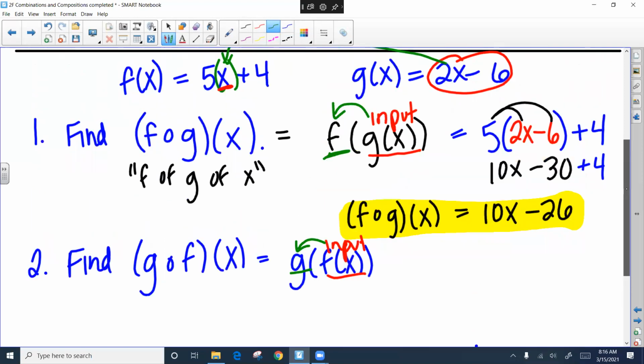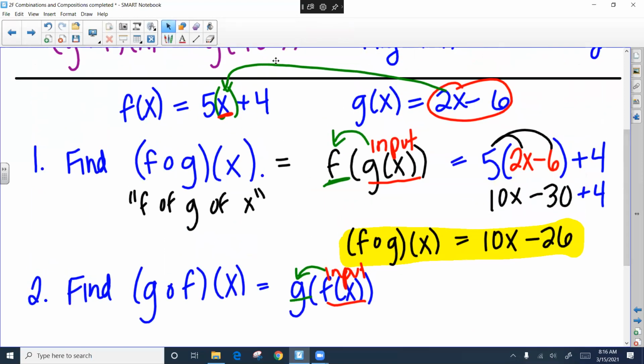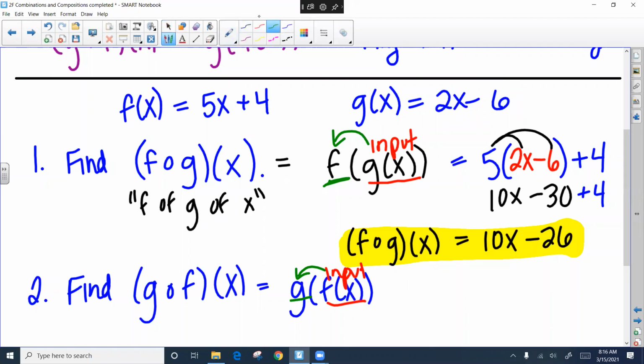Okay, so here's the difference here. Let me delete those. This time we're taking f of x. So this is our input. So I'm taking 5x plus 4 and plugging it in to function g. So I'm going to plug it in here where the x is.